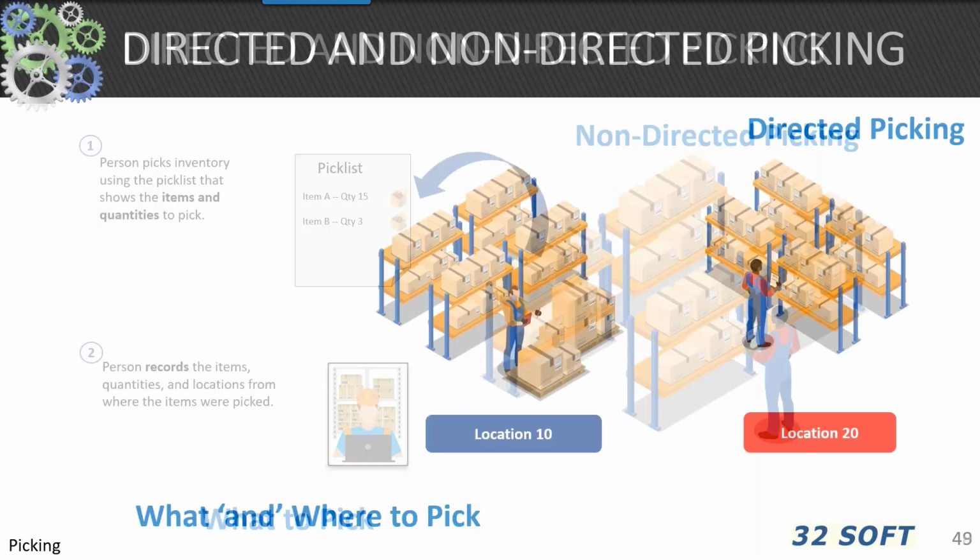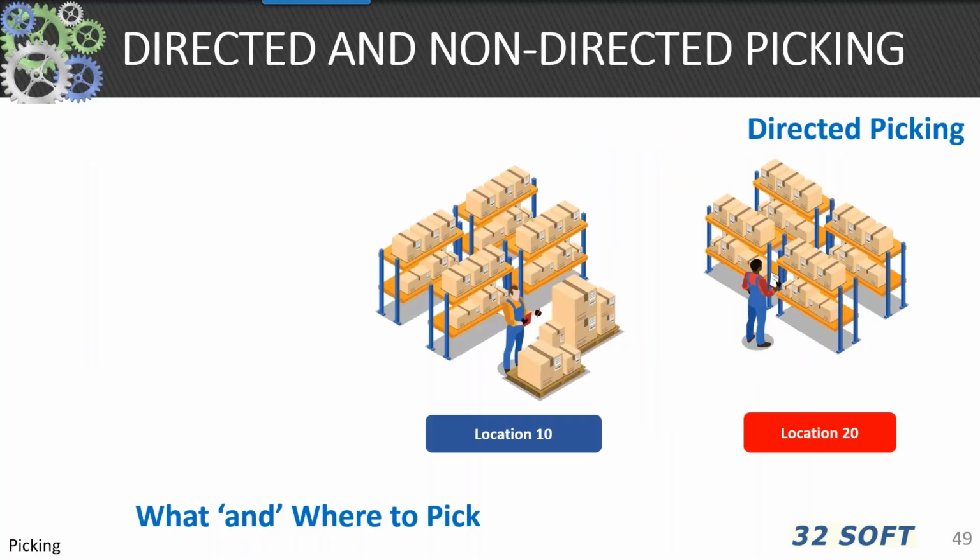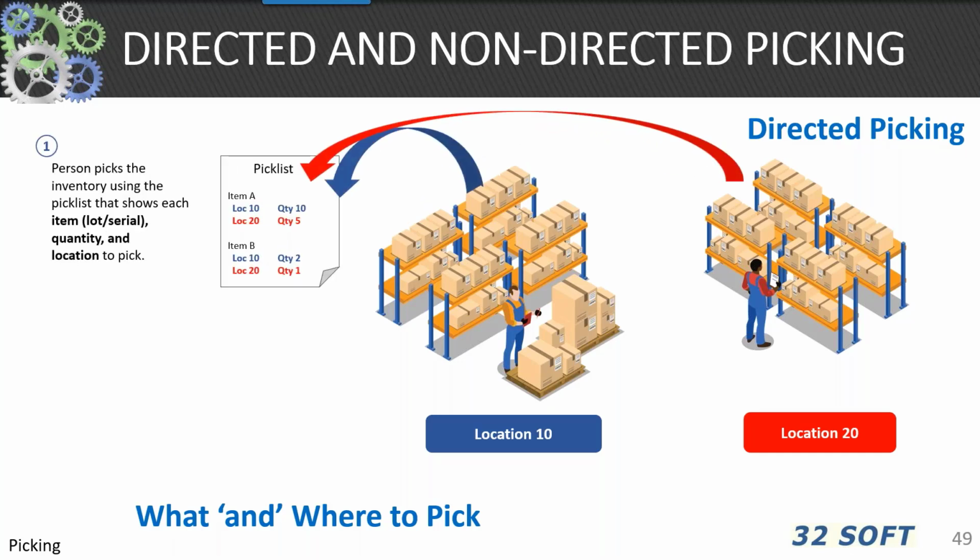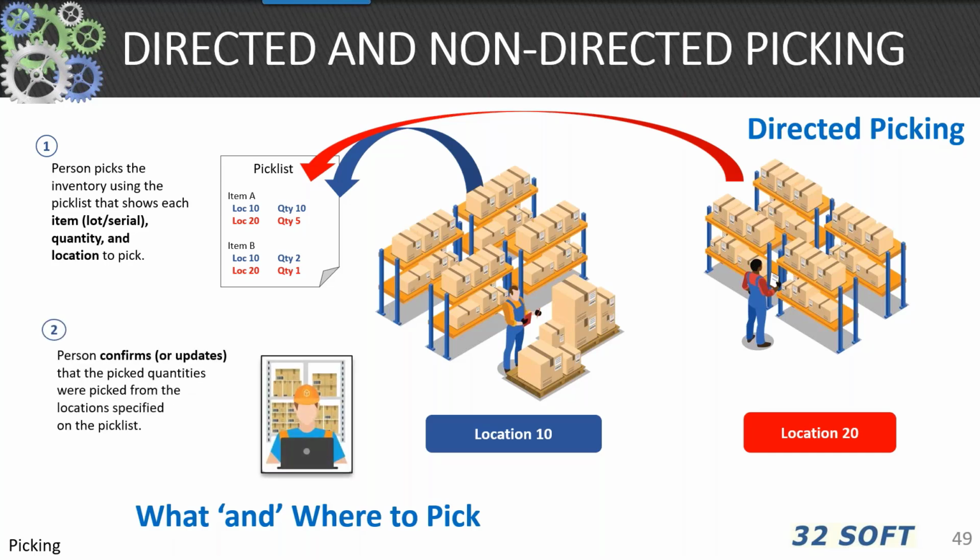But the directed picking uses the pick information on a pick list and specifies items, quantities, and locations. Persons pick the inventory using the pick list, and the person confirms the update of the item that's picked from the location specified on the pick list. This is what and where to pick.